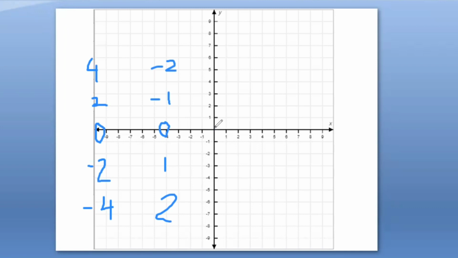Now I'm going to plot the x and y coordinates on the graph. Our first point is 0, which we got from the given equation.